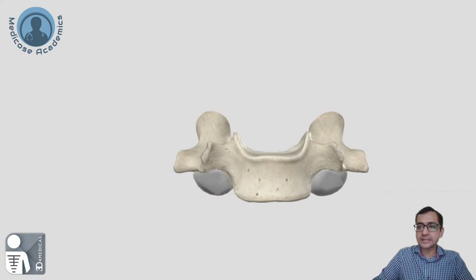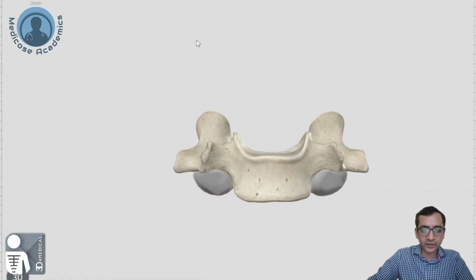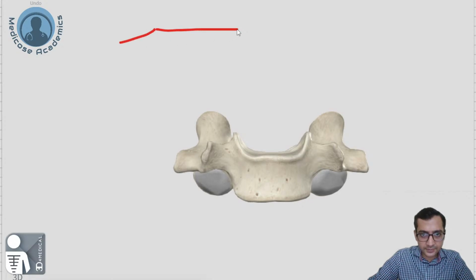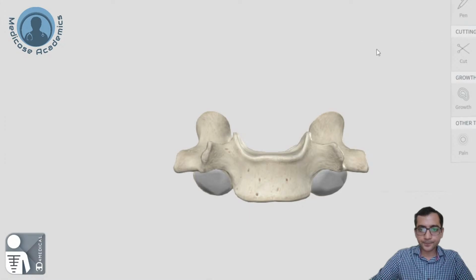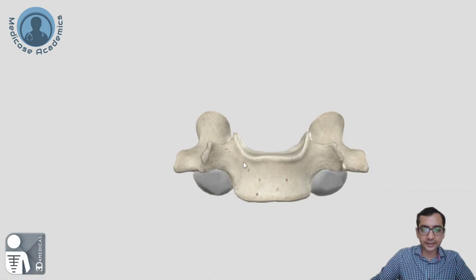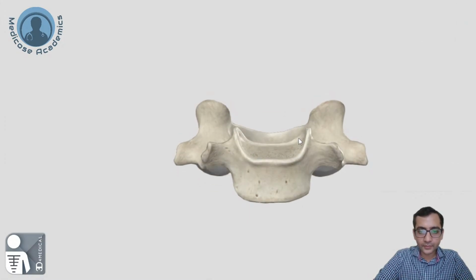Beveled surface is like the knife. Whenever the word beveled is used, it means the edges are like the edges of a knife. So it is beveled anteriorly and posteriorly.